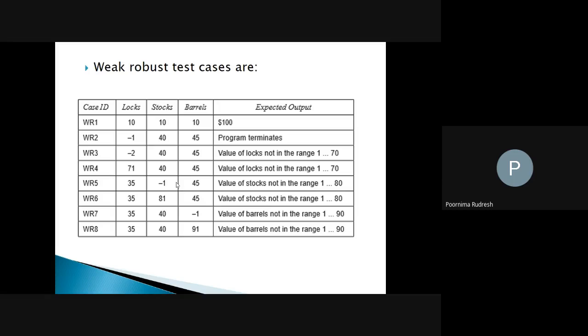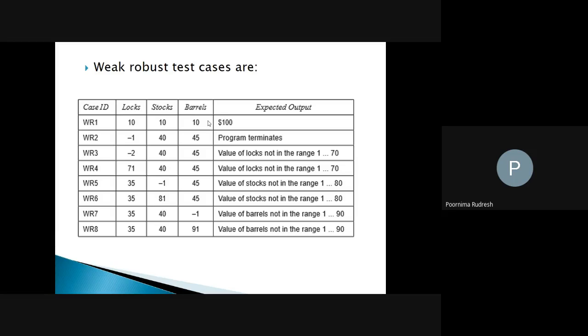So here the test cases are defined for the weak robust and the strong robust in the next slide. So if all are 10, 10, 10, meaning the values are within the range, then what will be the expected output for the commission problem? The expected output will be calculation of the commission, and that will be distributed in the sales percent depending on the sales.